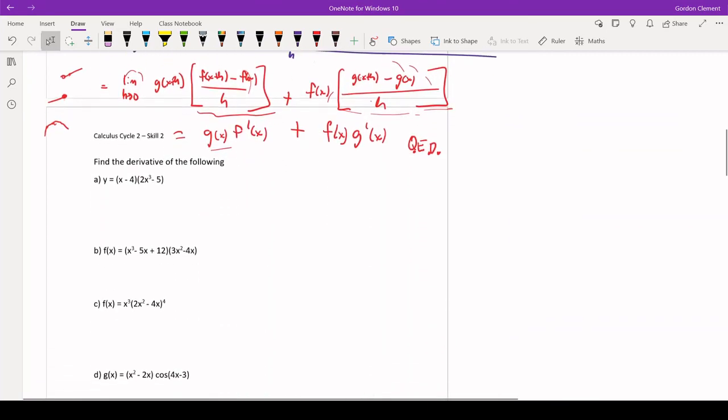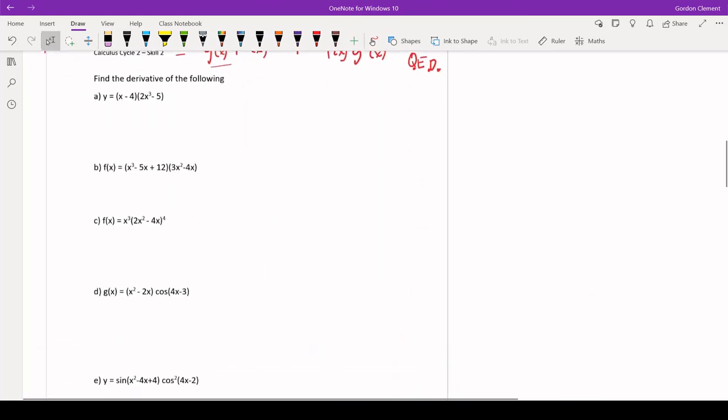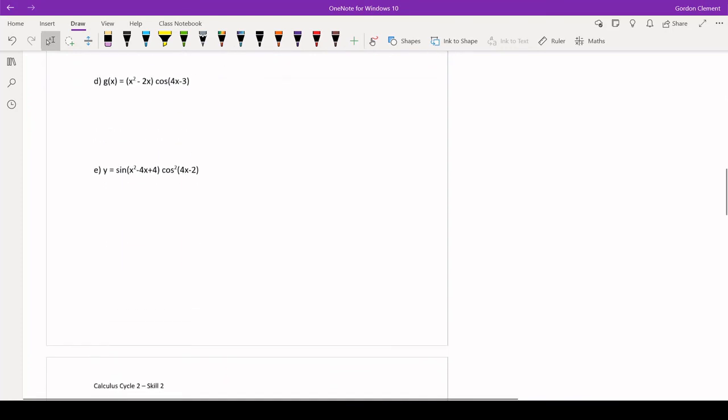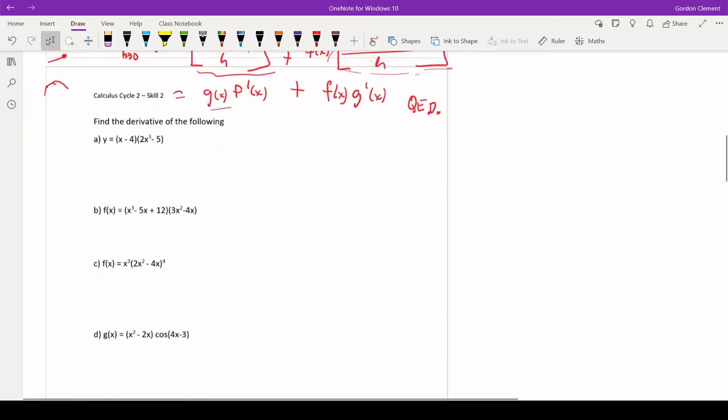So what we're going to do now, you've seen me use it once, you're going to do it a bunch of times. So again, see if you can write the f and g like so. Write them off to the side. X minus 4, the derivative of f is 1, g is 2x cubed minus 5, g primed is 6x.